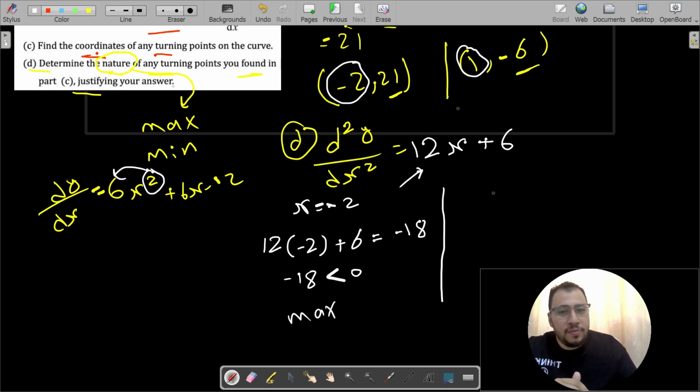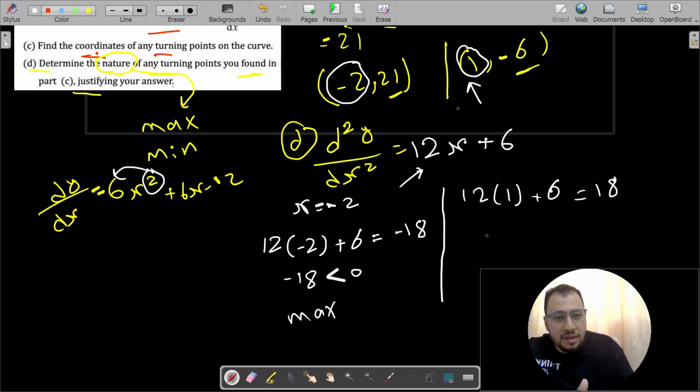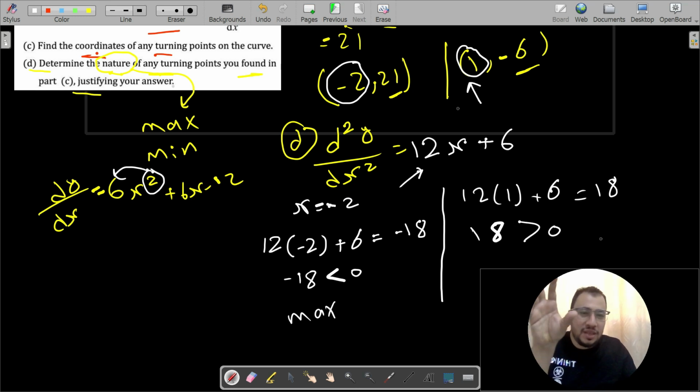Let's do the same with the second point, which is 1. So 12 multiplied by 1 plus 6. This is going to be positive 18, and positive 18 is greater than 0. So if it's greater than 0, that means this point is a minimum. You have to make it clear.